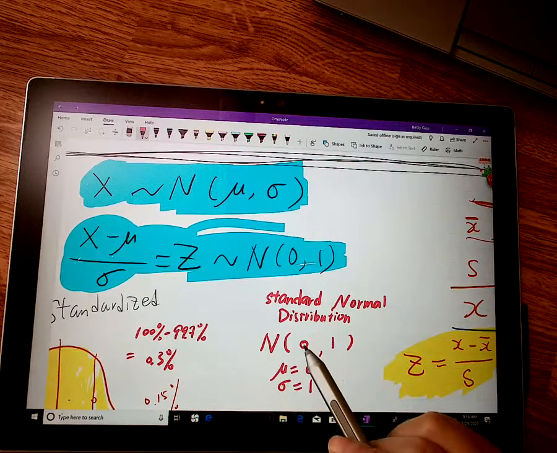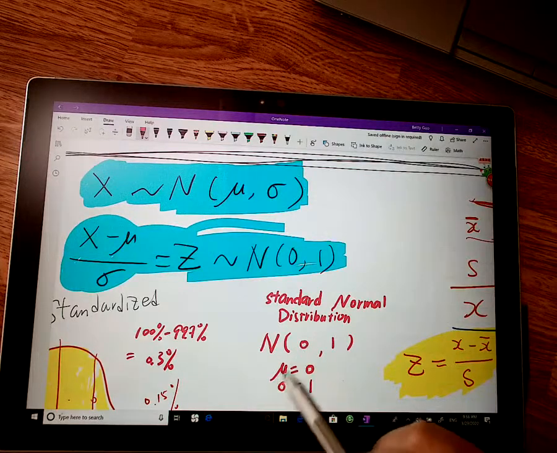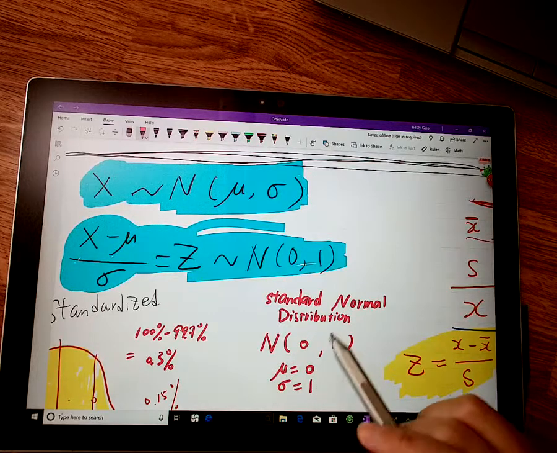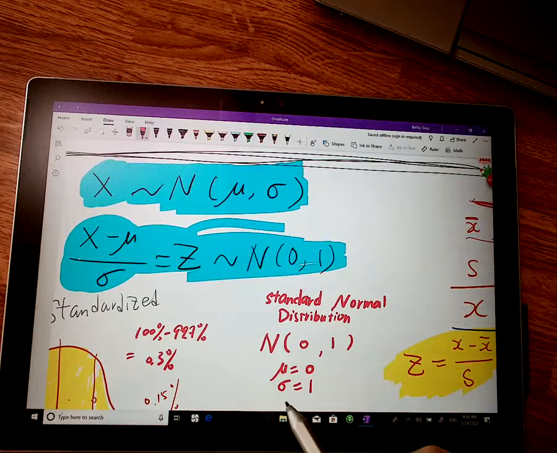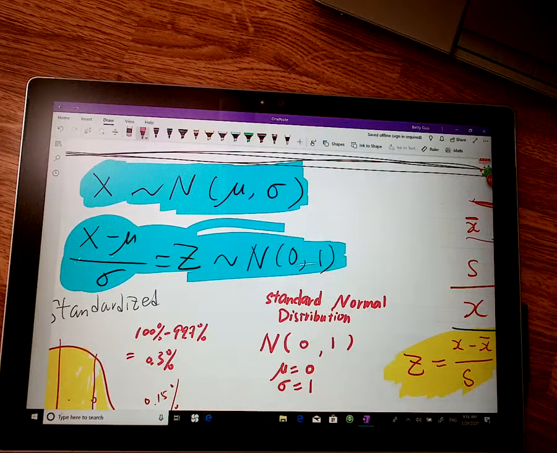The first parameter means the population mean mu, which is 0. The second parameter is the standard deviation sigma, which is 1 for the standard normal distribution. Am I clear about that?